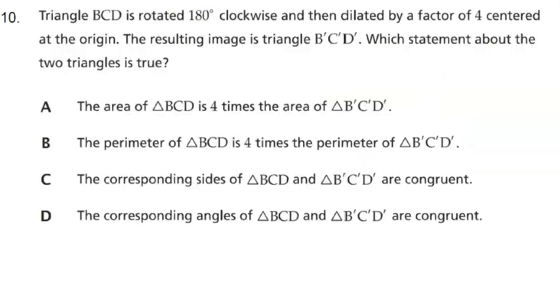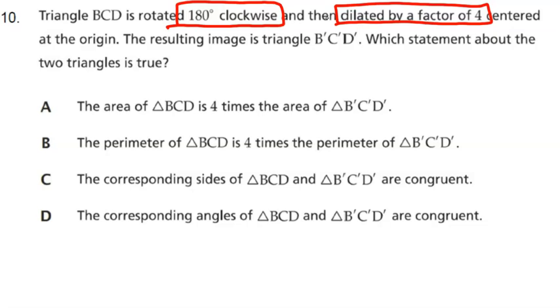Number 10. If you take a shape and rotate it 180 degrees clockwise, and then dilate by a factor of 4, what's going to happen? Well, it's going to turn, and it's going to get bigger. So is the area 4 times bigger? I'm not sure. Is the perimeter 4 times bigger?